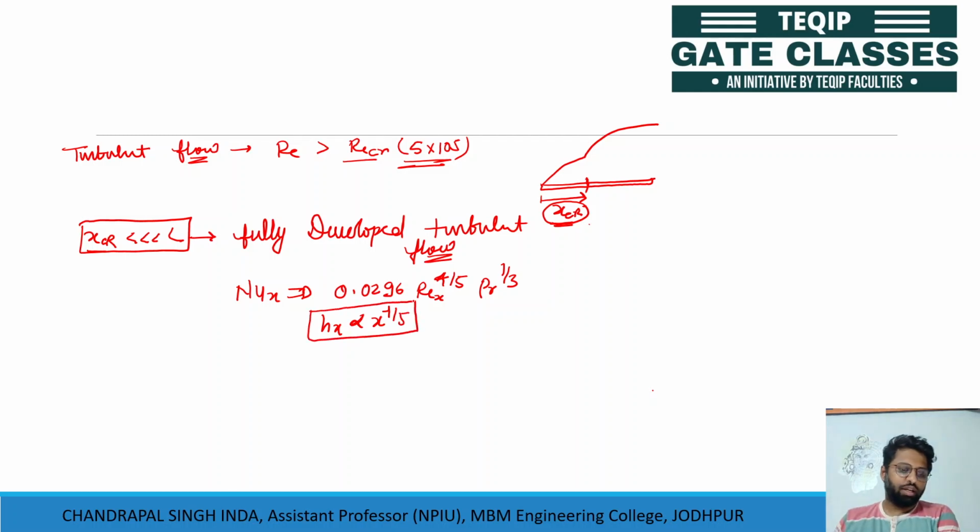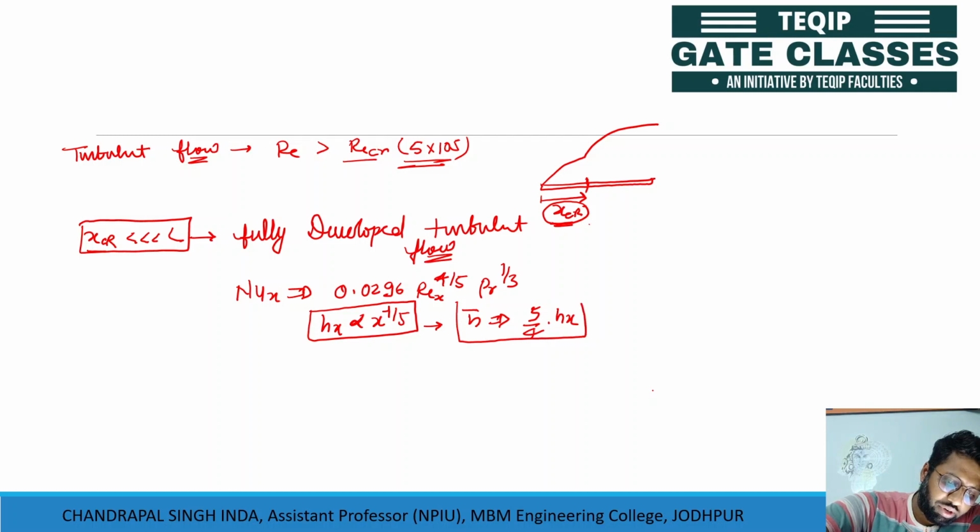Similarly, as the boundary layer thickness increases, or the distance from the leading edge increases, the convective heat transfer coefficient decreases. By this result we can find the average convective heat transfer coefficient, which will be equal to 5 by 4 times the local convective heat transfer coefficient.